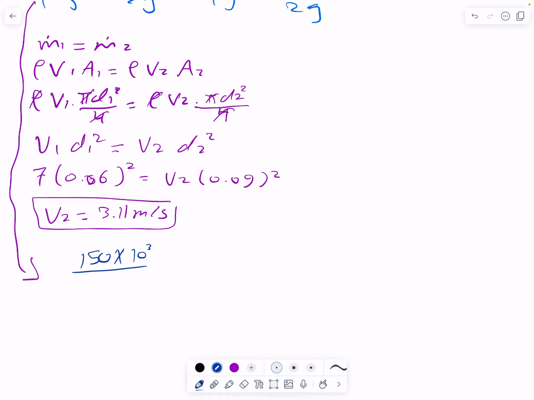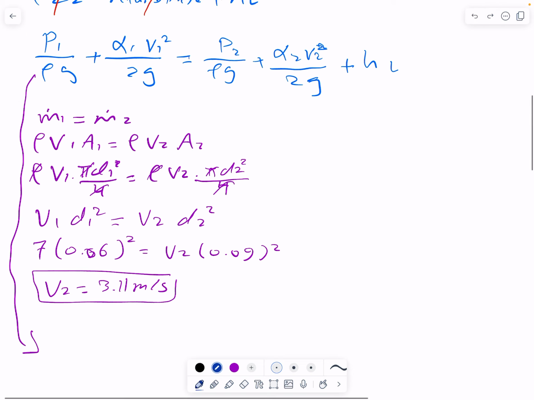Yeah, so the rho will be 1000. But first let me rearrange the equation better.